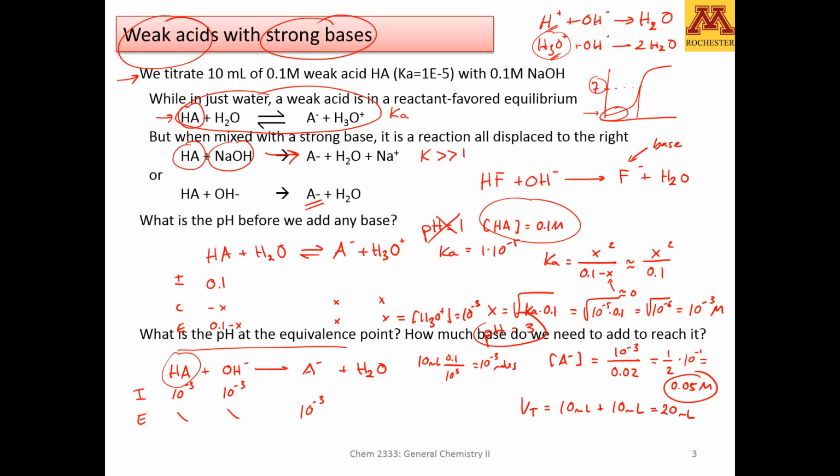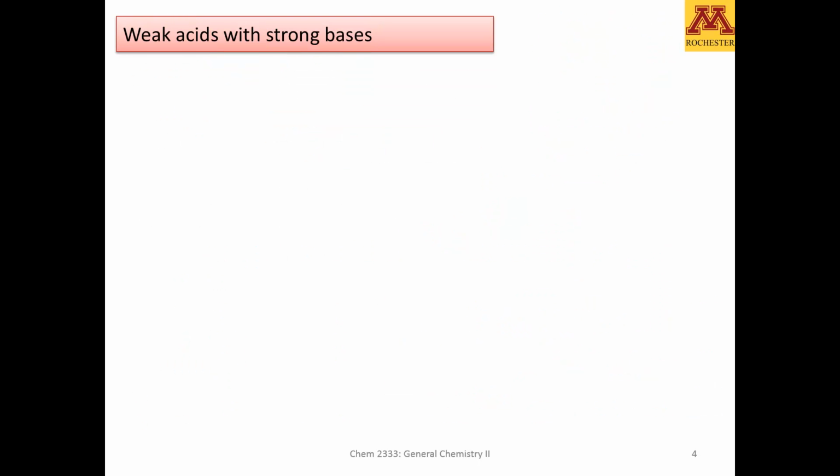So what is the pH if in solution I have 0.05 molar of this base? What I know is that the Ka was 10 to the negative 5.